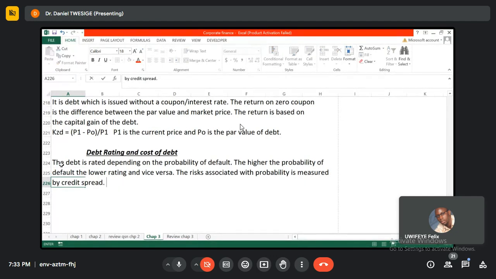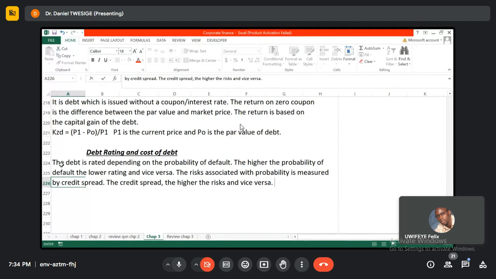The higher the credit spread, the higher the risk, and vice versa.